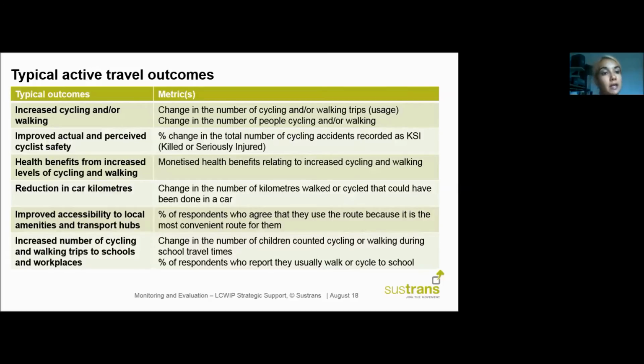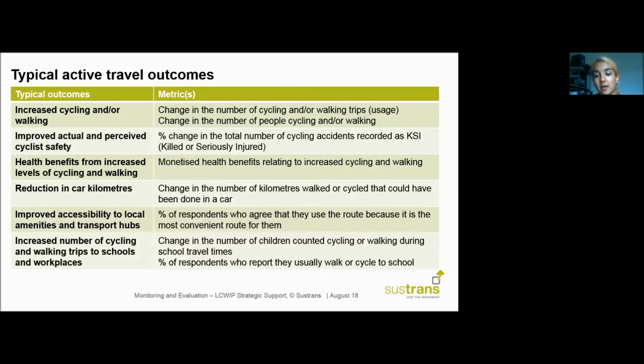Now, if we take the first example, increased cycling and or walking, this is an outcome which is linked to the metrics change in the number of cycling and walking trips or change in the number of people cycling or walking. So from this outcome, it's understood that what needs to be measured is the number of people cycling and walking.